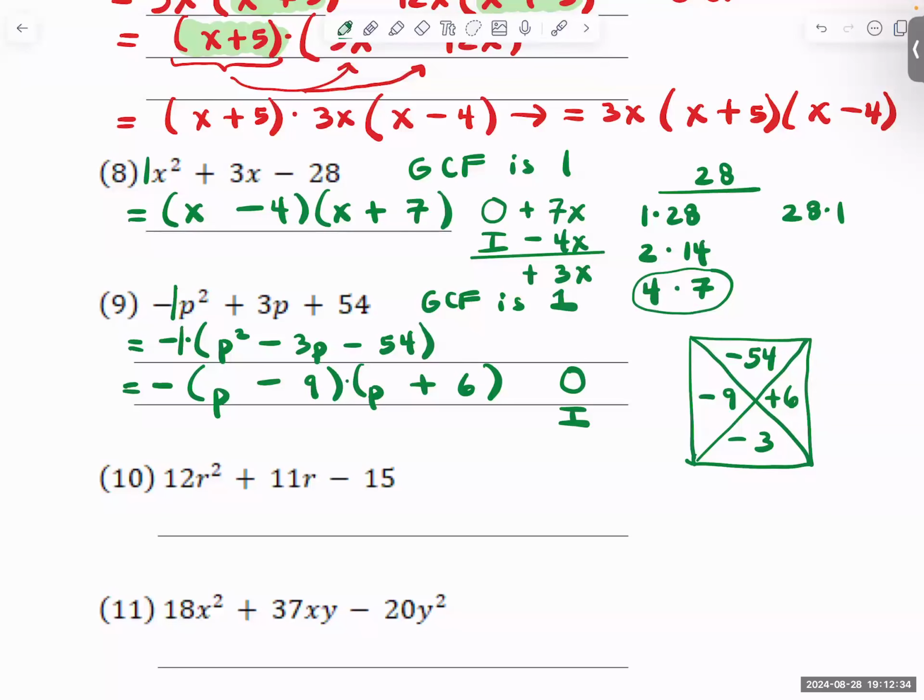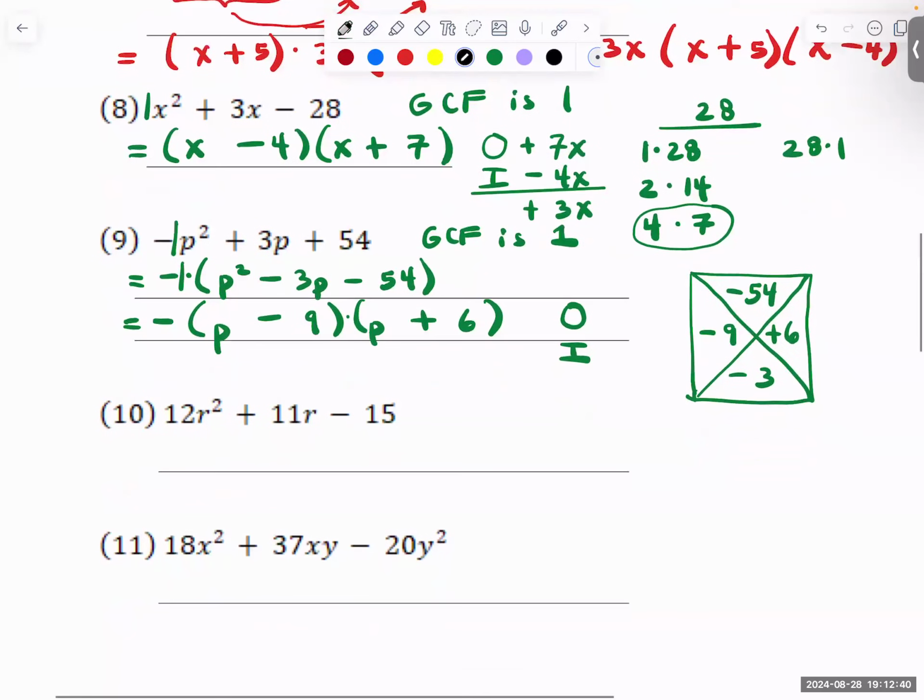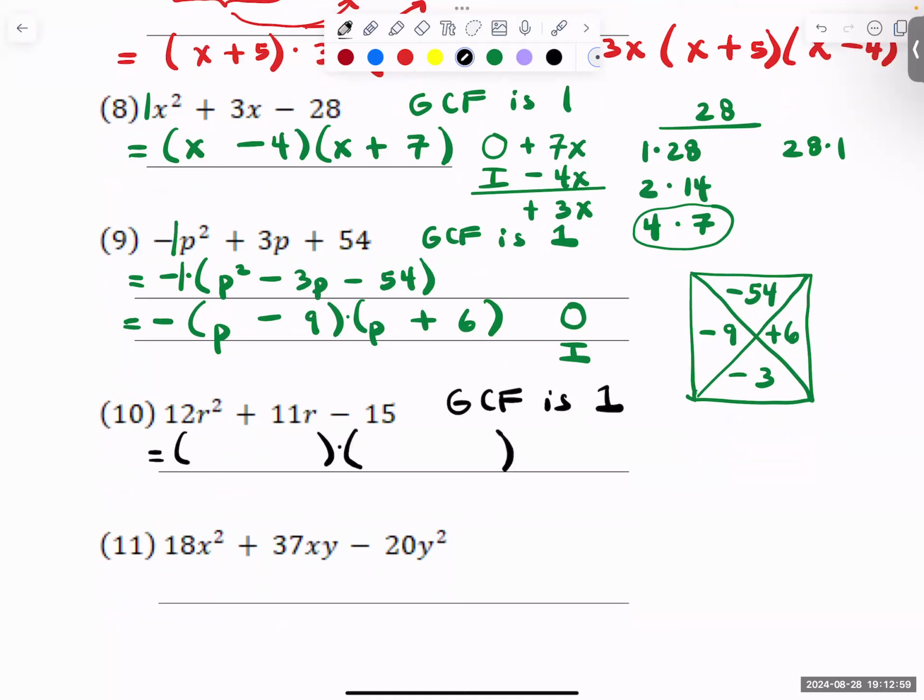Number 10. We have a second degree trinomial. The greatest common factor across the three terms is 1. So let's begin by seeing whether or not we can express this trinomial as a product, or factor it, starting with 12r squared.